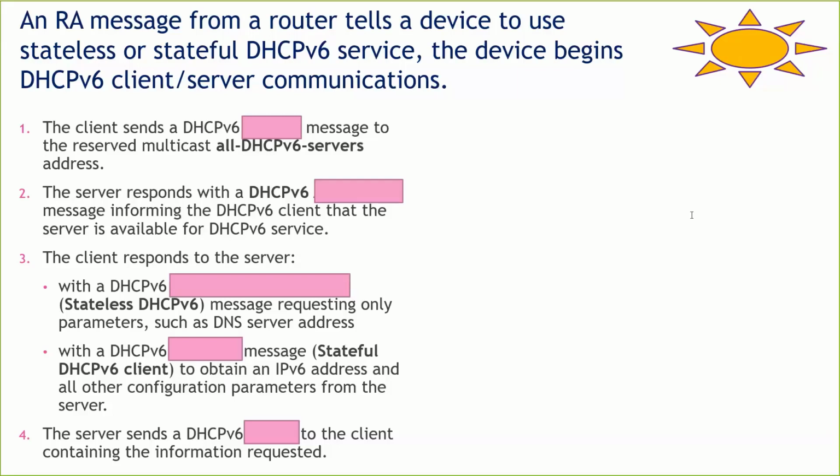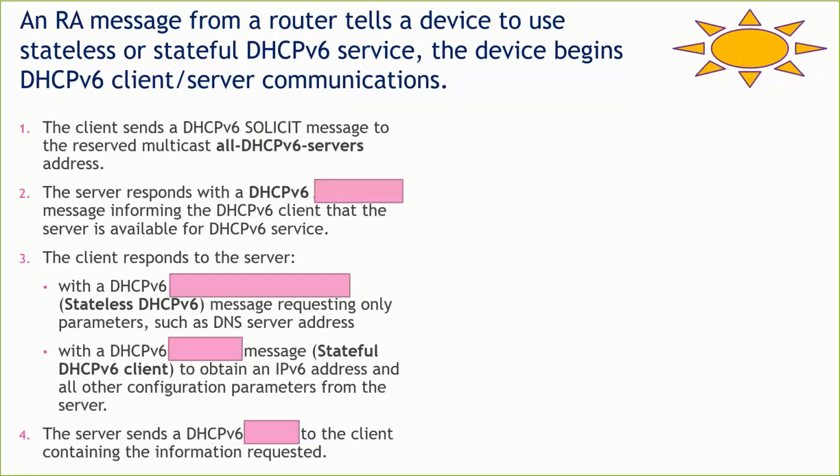Solicitation, right? Again, how many times when we were talking, remember I always said the client solicits for an address. It's soliciting for an address. So in IPv4 speak, what is the DHCP IPv4 message type? Because I want you to compare and contrast and see how they're a little different.